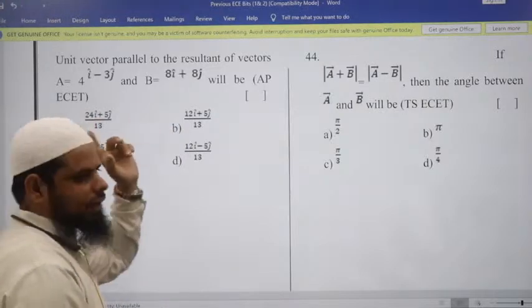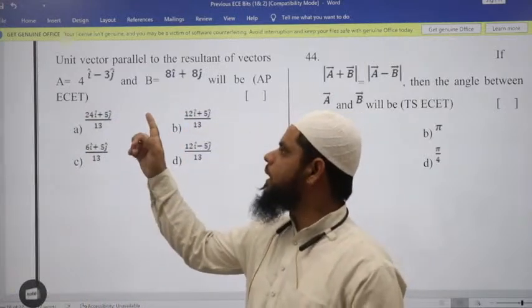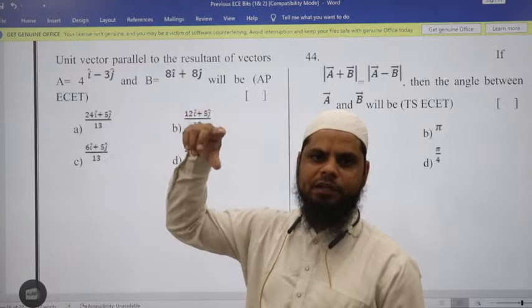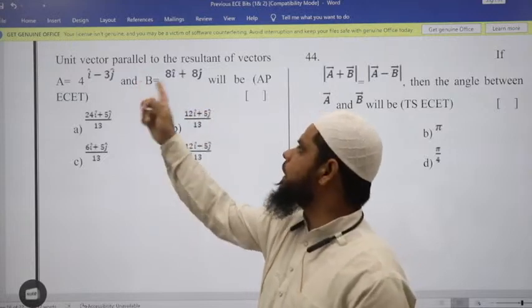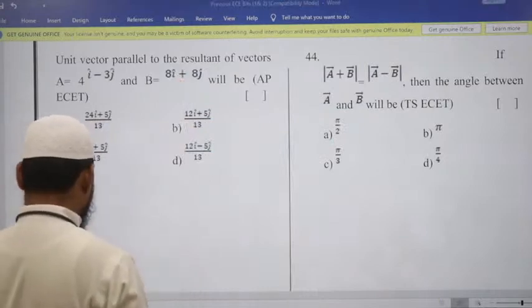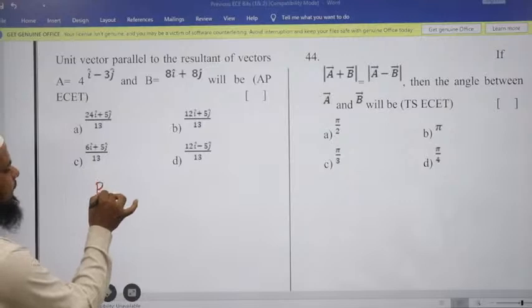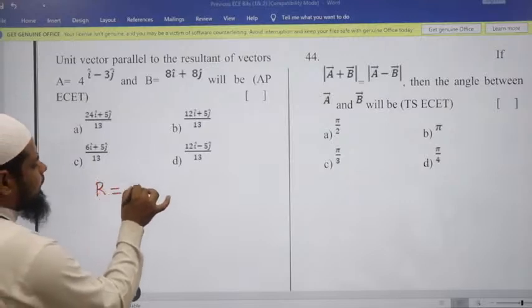So we need to find the resultant of these two vectors, and the vector which is parallel to the resultant of these two. So are you getting it? Look at this. There is the resultant. That resultant comes from A and B.